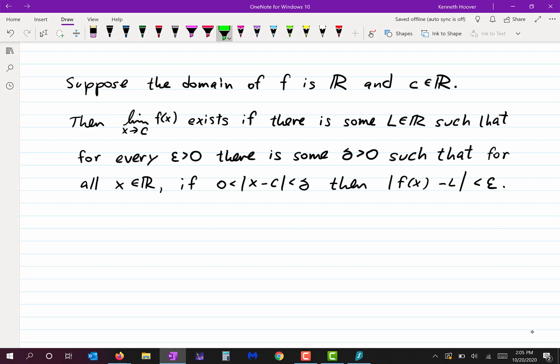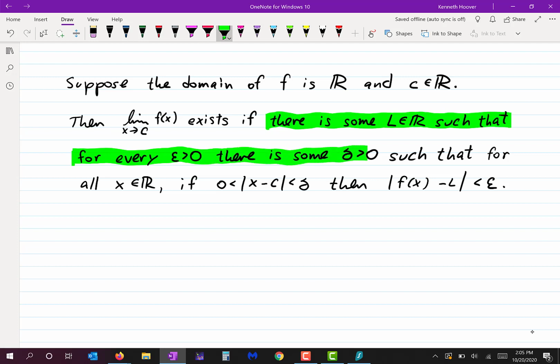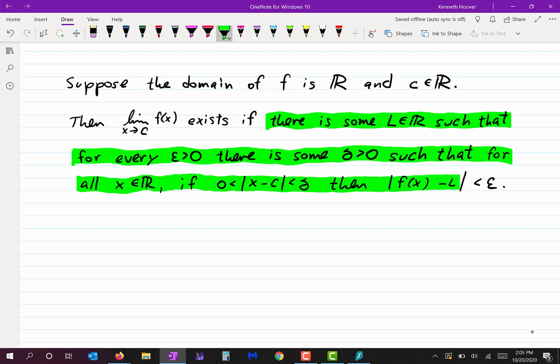The limit exists if, now let's read this all together, there is some L in the real numbers such that for every epsilon greater than 0, there is some delta greater than 0 such that for all x in R, if the absolute value of x minus c is between 0 and delta, then the absolute value of f of x minus L is less than epsilon.